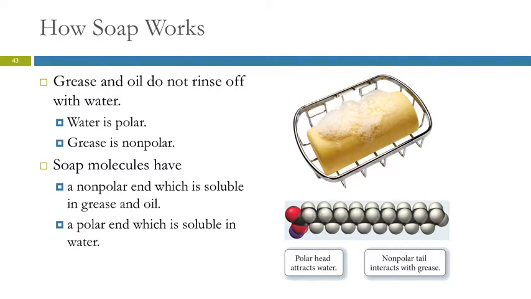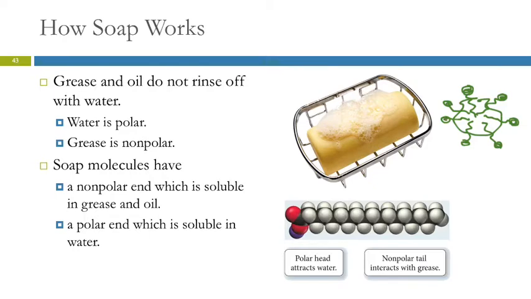And so what'll happen, let me draw you an ugly picture. So here we have our glob of grease, right? And what happens is the soap molecules will have their tails in the grease, and then they've got their little polar heads on the outside.